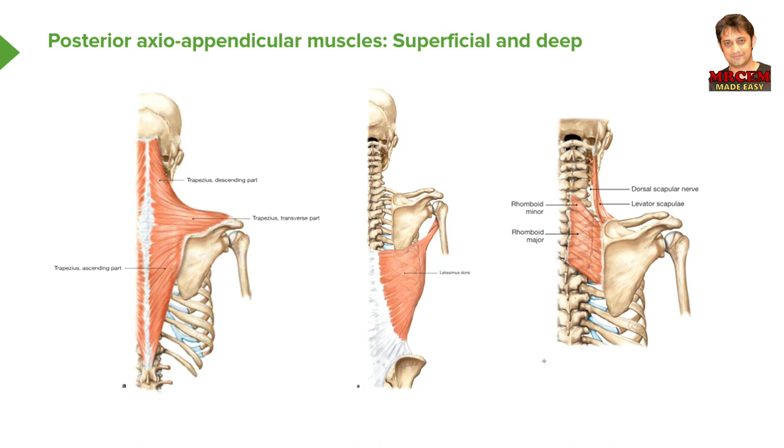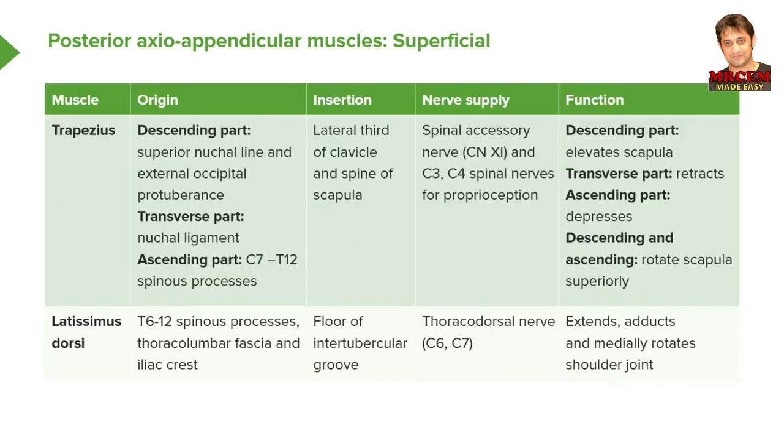So these are the superficial muscles. We can see we've got a descending, transverse, and ascending part of trapezius, or a superior, middle, and inferior part, and here we can see their specific origins. The nuchal line and external occipital protuberance for the descending part, the nuchal ligament for the transverse part, and the spinous processes of these vertebrae here.